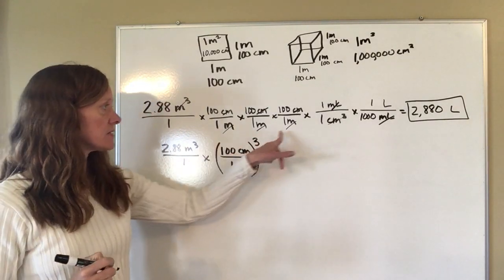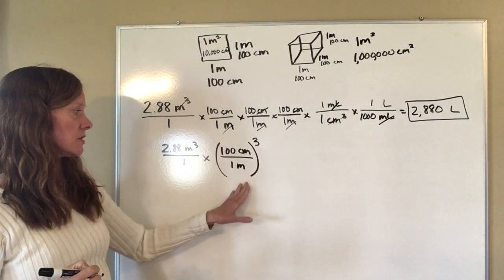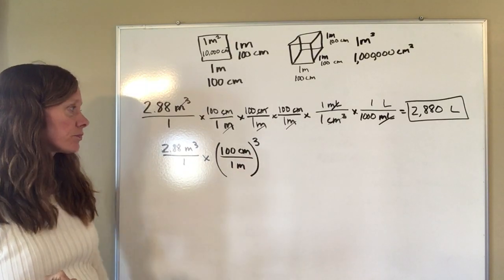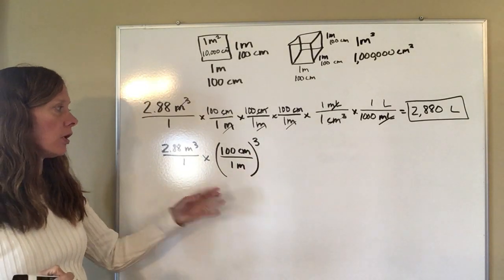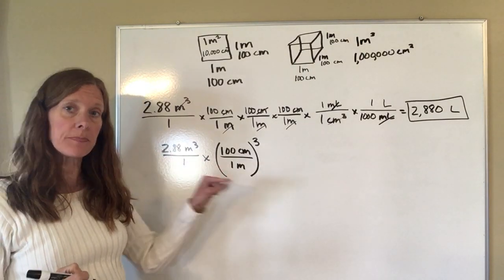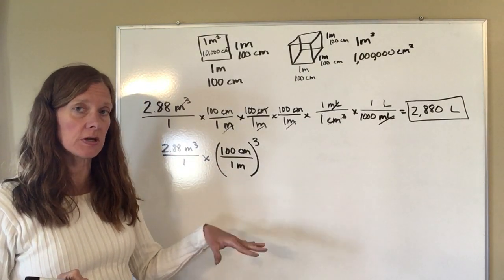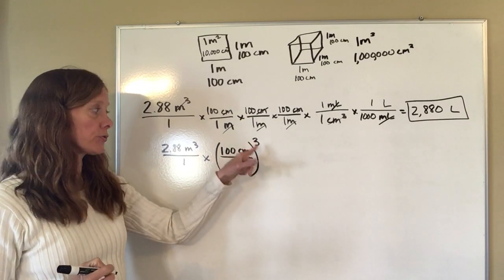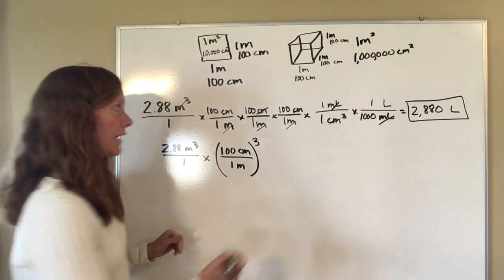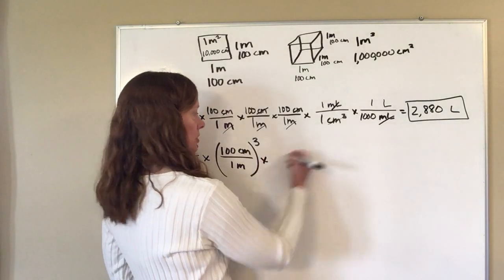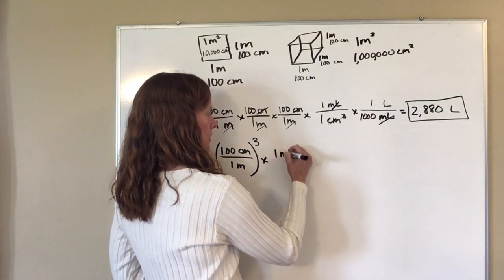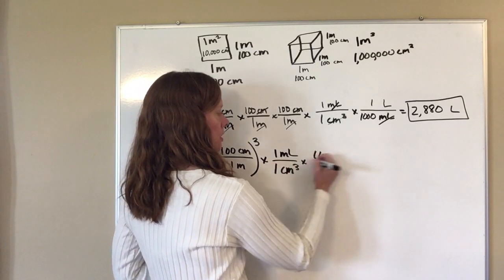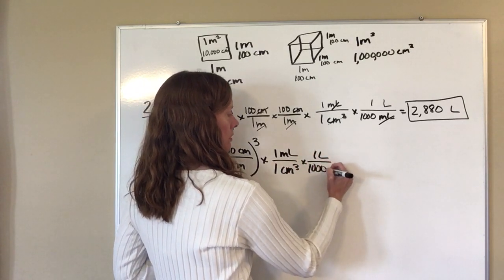So he did this 3 times, and so another way you can write it is like this. But you have to be careful so that when you actually type the numbers into your calculator, when you're figuring out the final answer, you make sure that you multiply by 100 3 times and that you don't forget that.